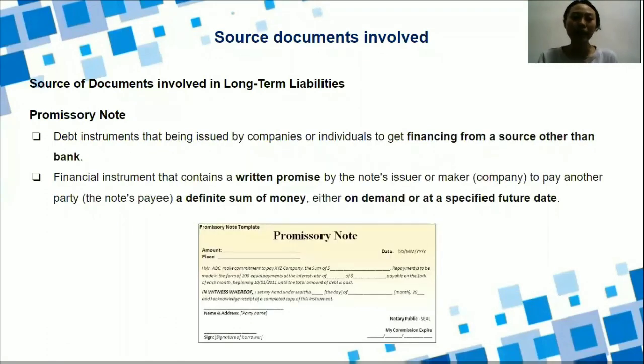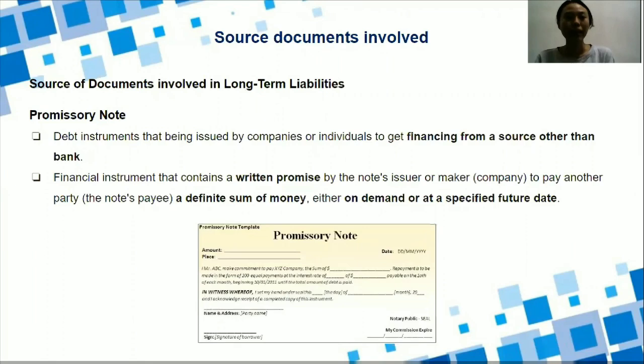And then the last one will be the promissory note. The company issues it when they want to get financing from a source other than a bank, like maybe another financial institution.